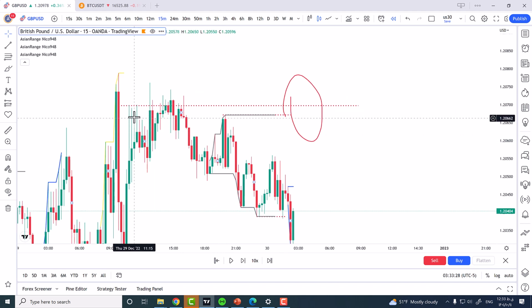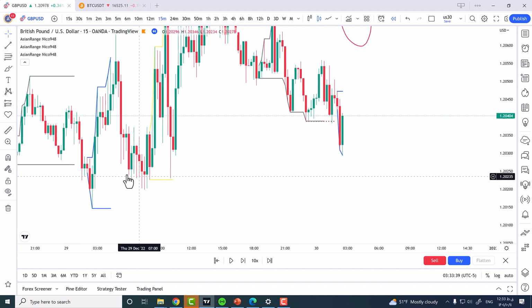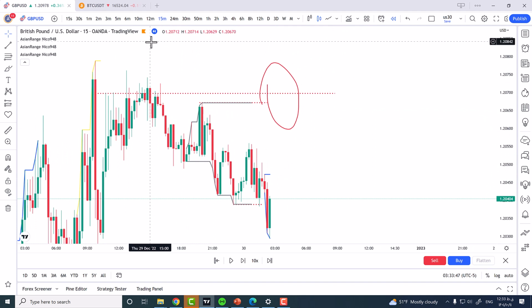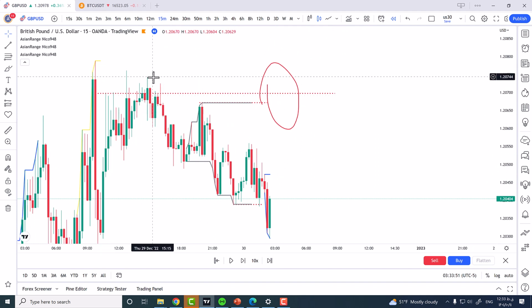You can see those shadows here. When we have many opens and closes, or many long shadows, like here, it's a kind of inducement as well. You can see that it happened again. Anyway, it's a point of liquidity. Believe me, it's a point of liquidity and inducement when we have a lot of shadows here.